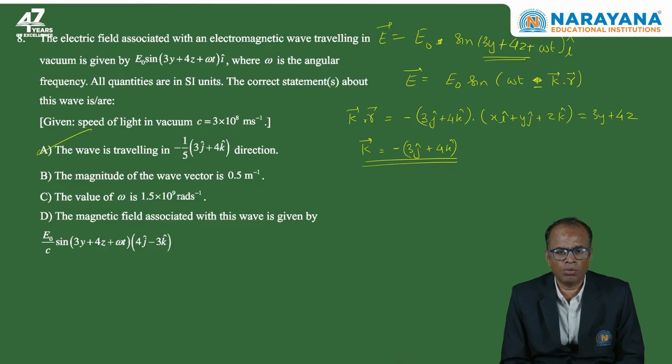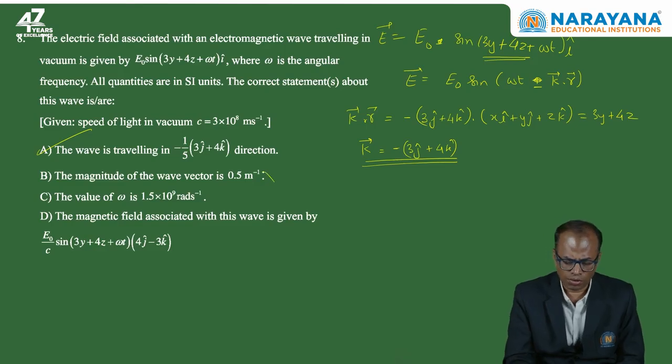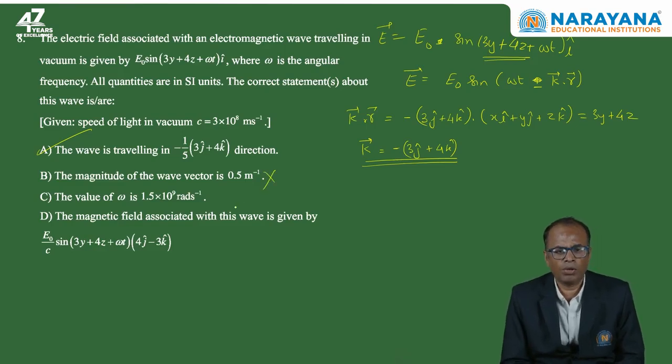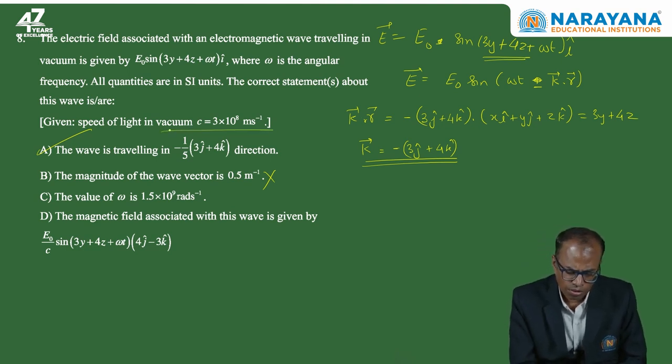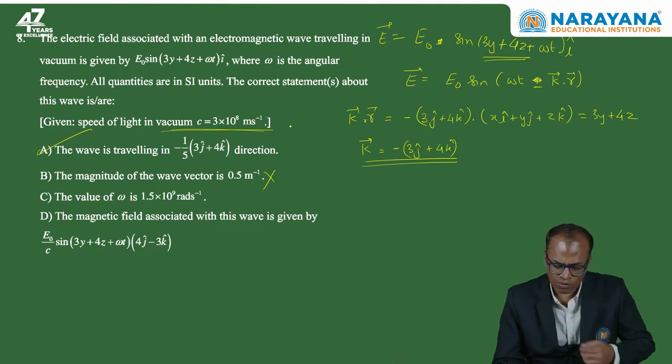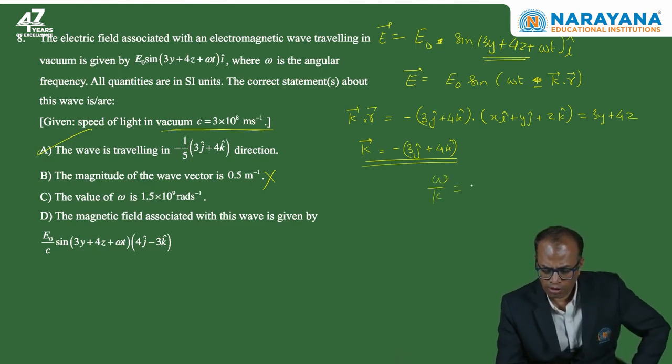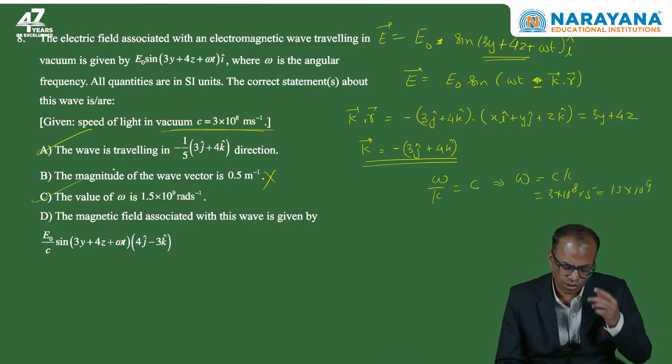Now the magnitude of the wave vector is clearly 5, which is not matching, so this is not correct. Magnitude of omega: the wave is traveling in vacuum and c is given, so omega by k is the speed of light. So omega is c times k. So 3 into 10 raised to power 8 into 5 is 1.5 times 10 to the power 9. So C is also correct.